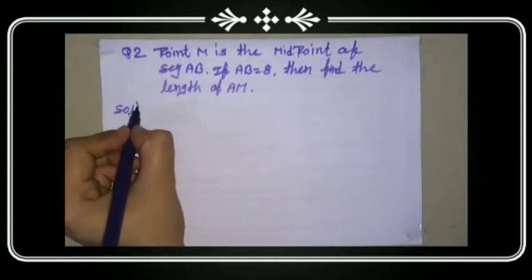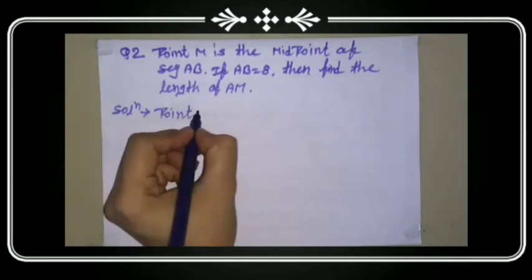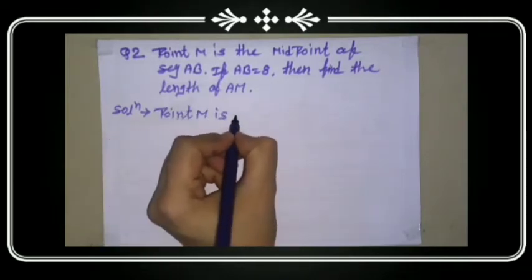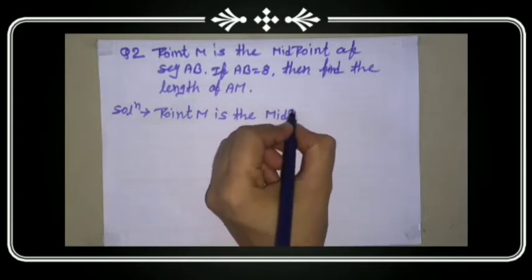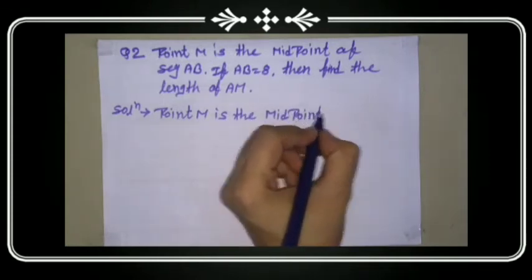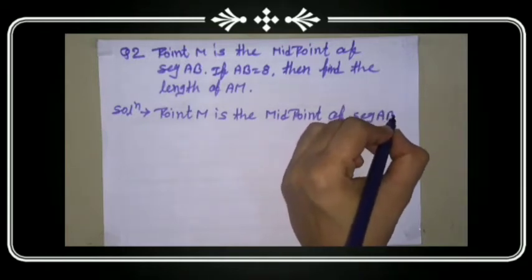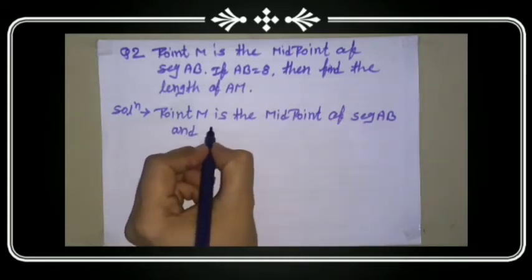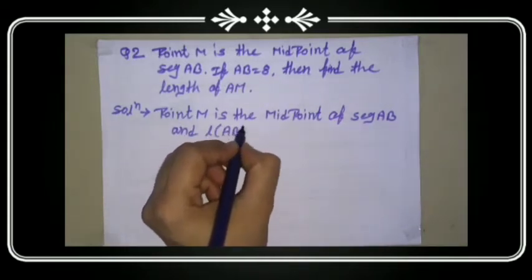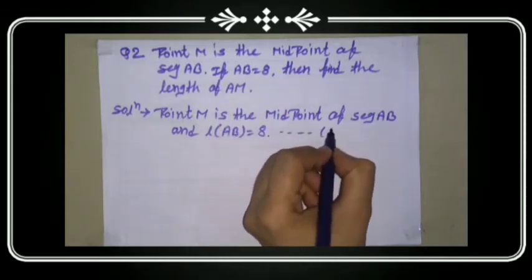Solution. Point M is the midpoint of segment AB and length of segment AB equal to 8. It is given.